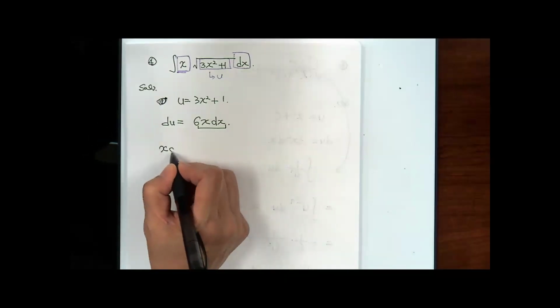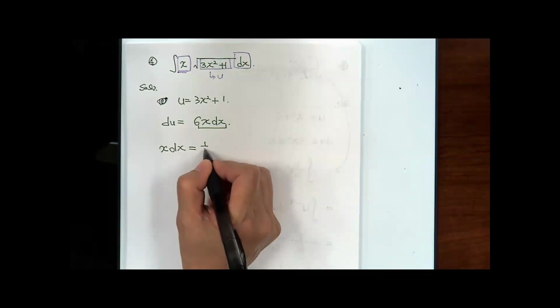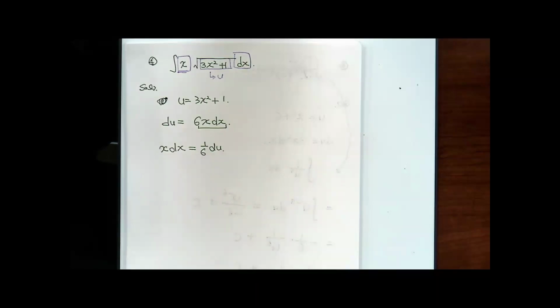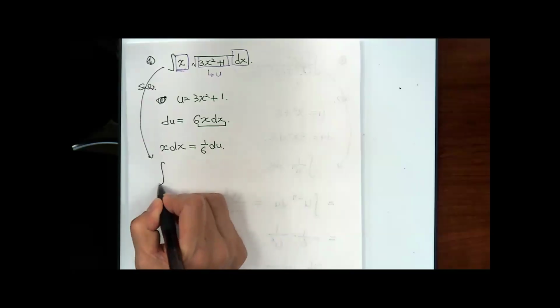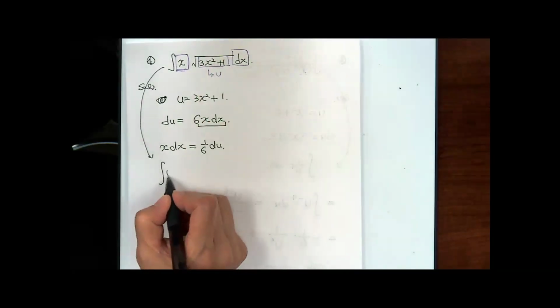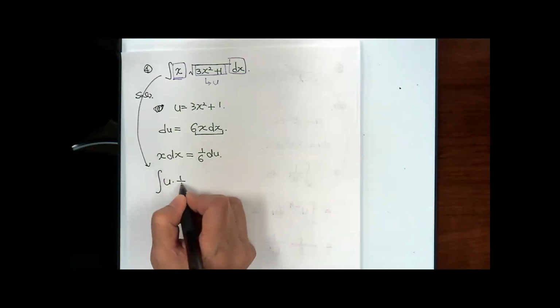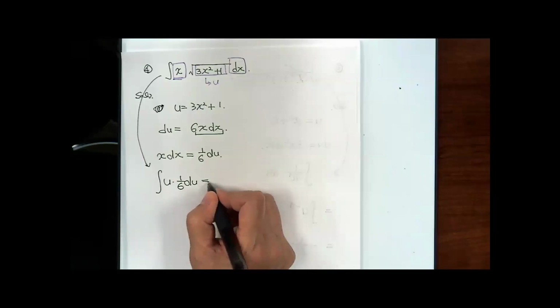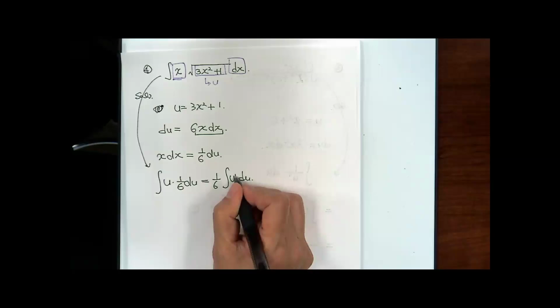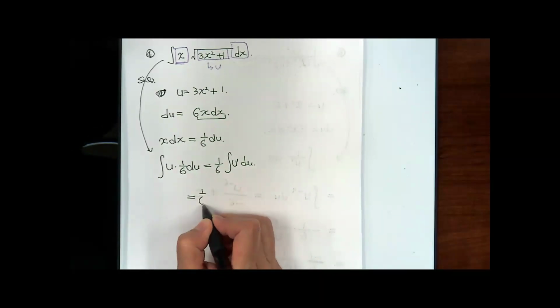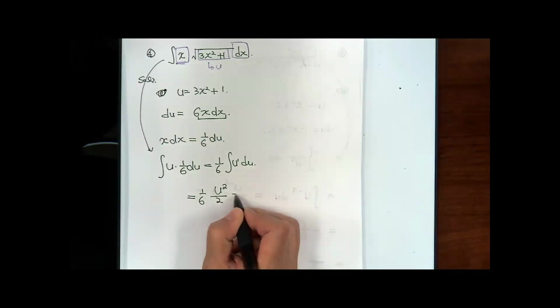So x dx is 1 over 6 du. Let's rewrite this integration. This is u, and x dx is 1 over 6 du. That is 1 over 6 times the integration of u du.